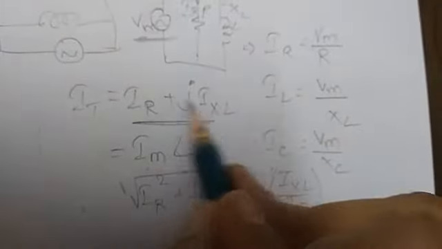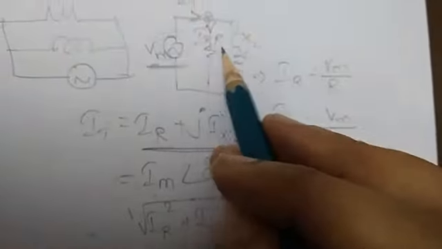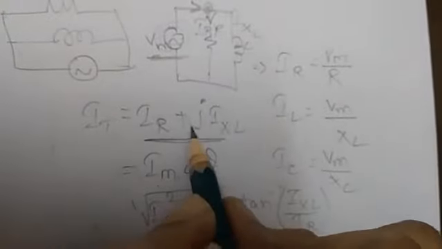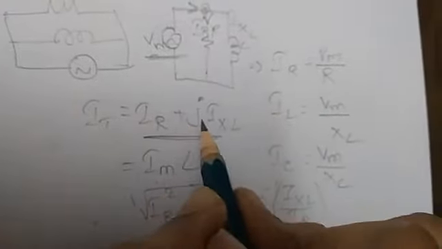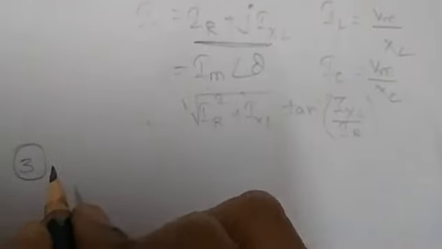So this is the way to calculate the current through your particular branches. Otherwise, XC will be minus jXC.